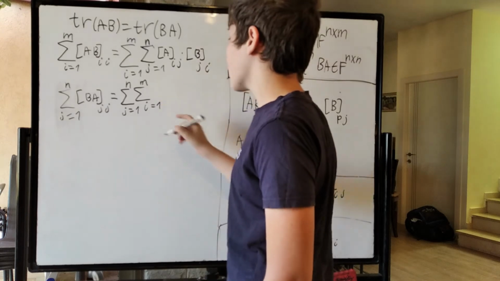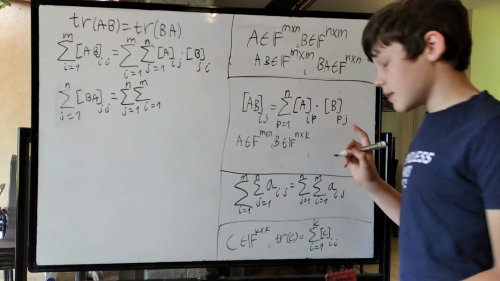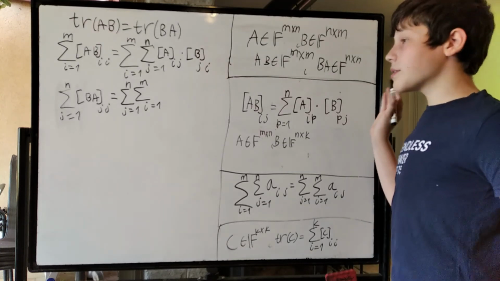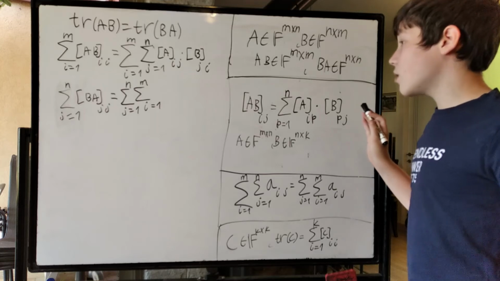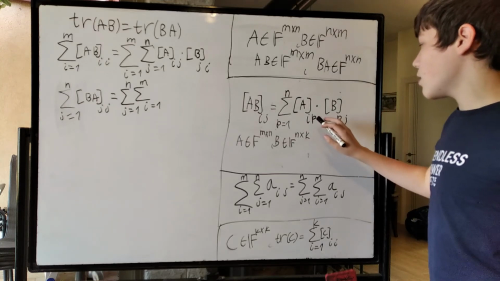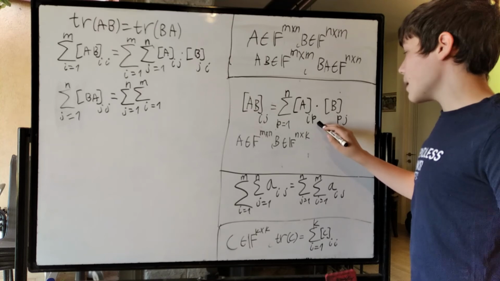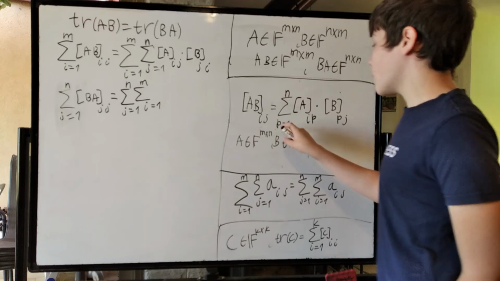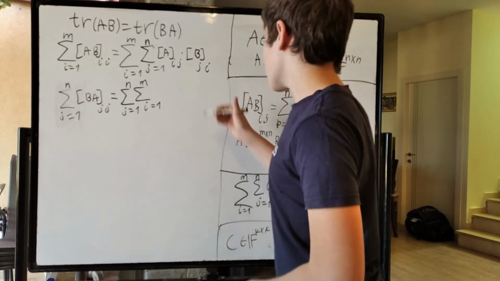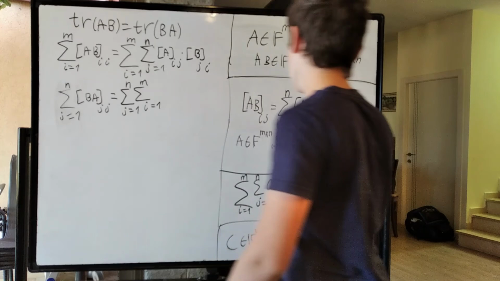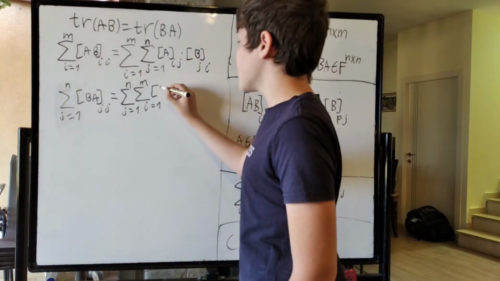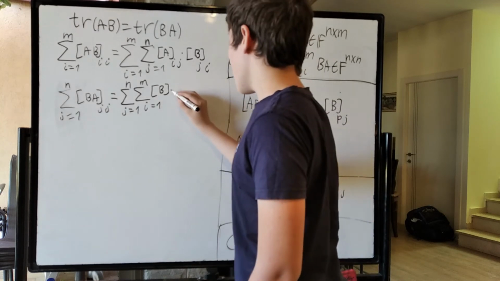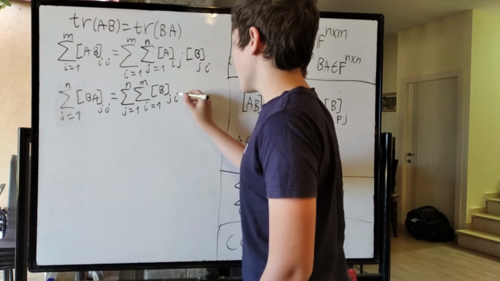So this is the sum as i goes from 1 to m of what? Now, this is the place of the term in matrix B in row j, column i, because instead of i here, we have j, and instead of p here, we have i. So this is the term in matrix B in row j, column i.